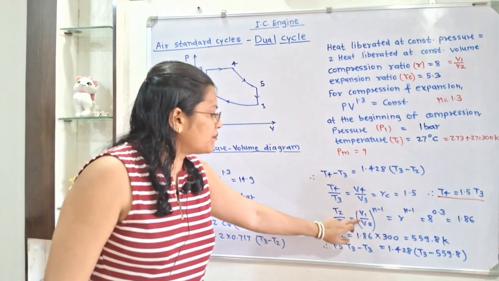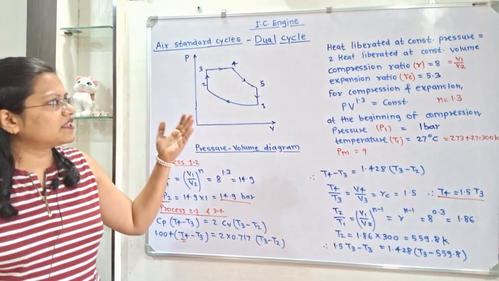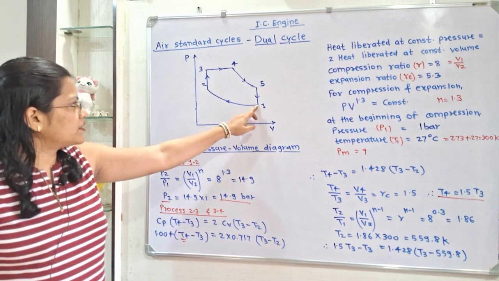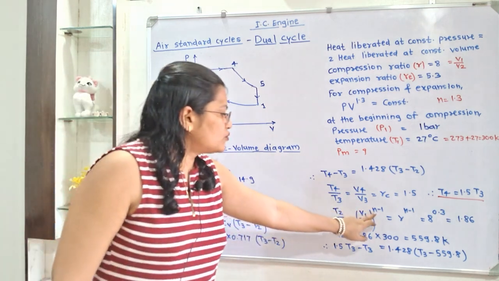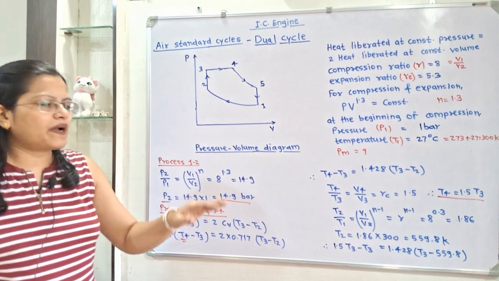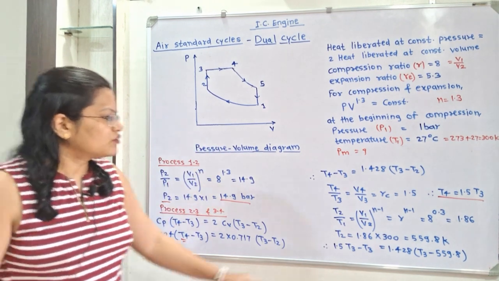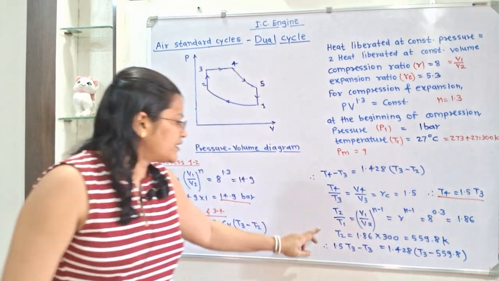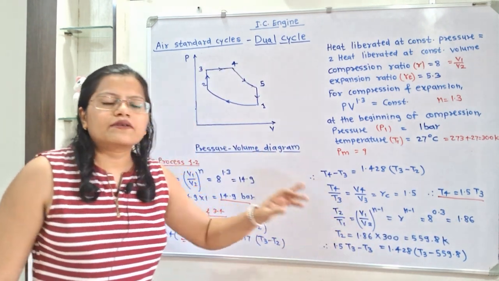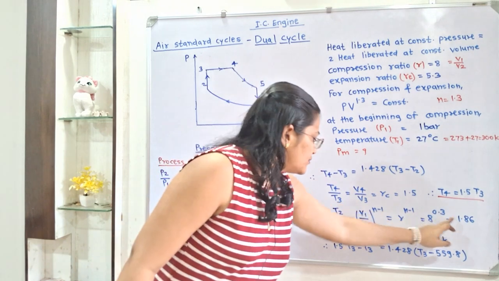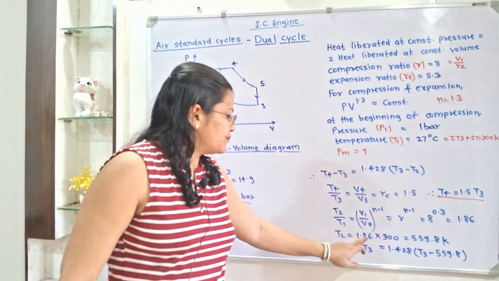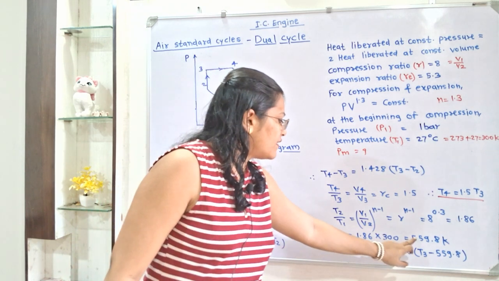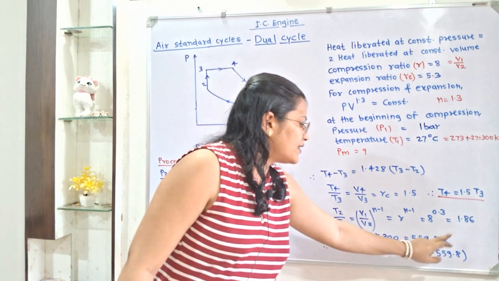Now here V1 by V2 is known as r, that is the compression ratio during the process 1 to 2, raised to n minus 1, that is 1.3 minus 1, that is 0.3. So we will get 1.86. So T2 is equal to, we have to multiply this with T1 which is in Kelvin. So 1.86 into 300, that is 559.8 Kelvin.